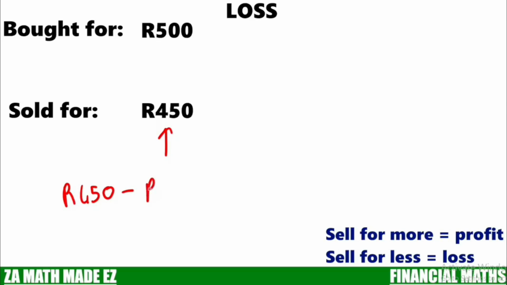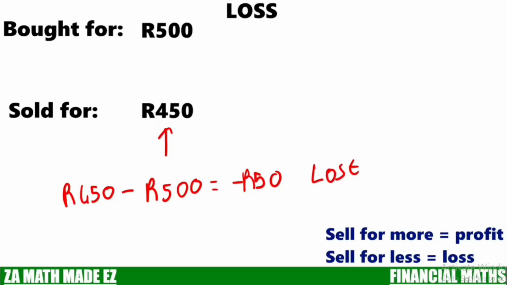So that would be 500 Rand. And the result would be negative 50 Rand. So that means I lost 50 Rand, because I sold them for a price less than what I bought them.